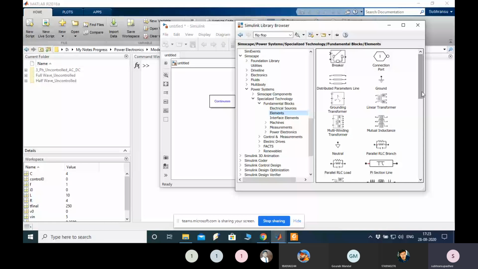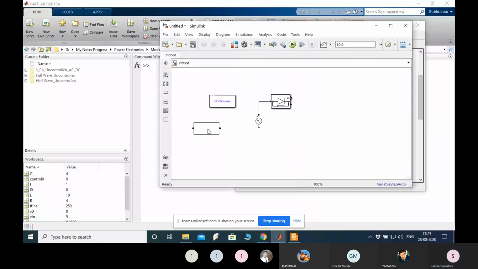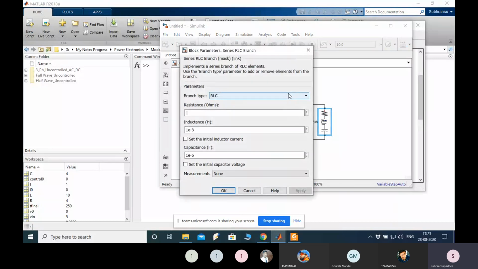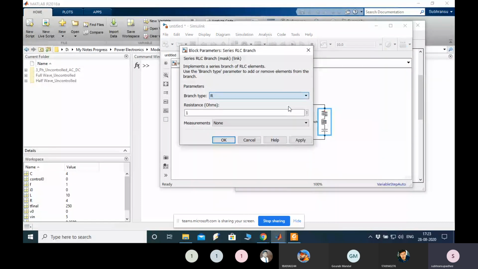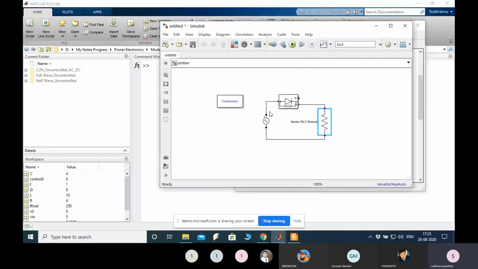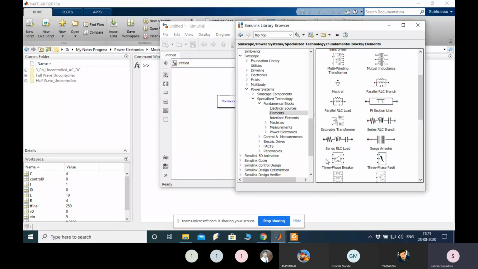Here we need to find a series RLC branch. Let's suppose only R is loaded, set to 100 ohms. Right. Now we need the measurements.